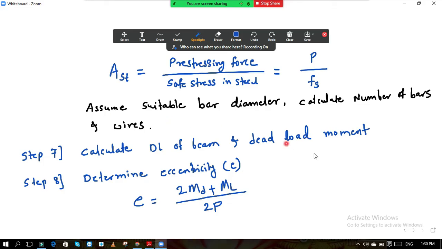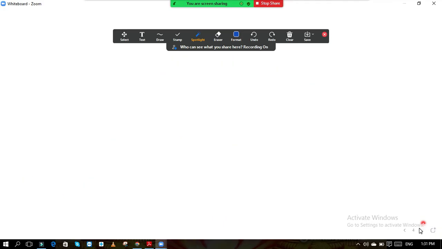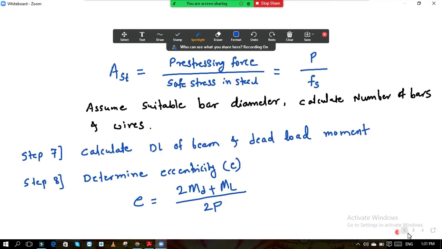Okay. So now take down these points, write down. These are the most important steps. Now we will take the numerical based on these so that you will understand better.